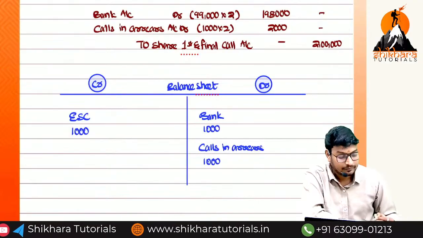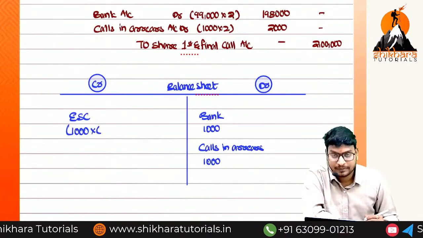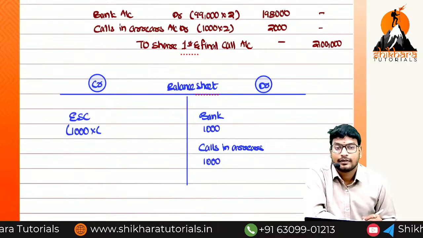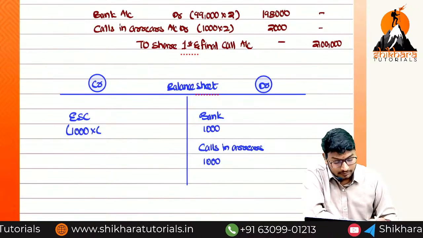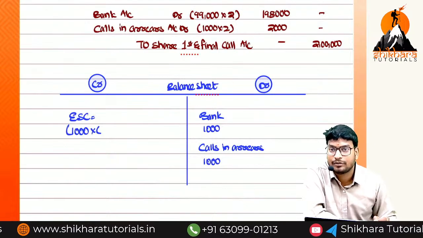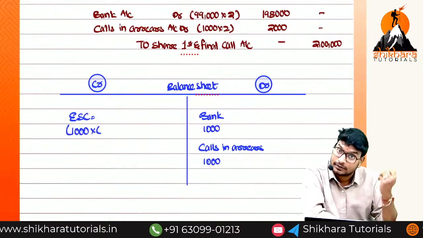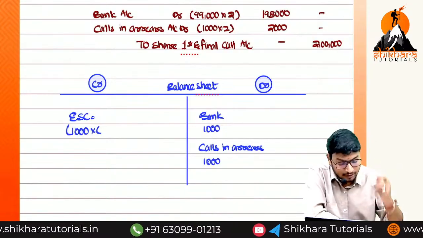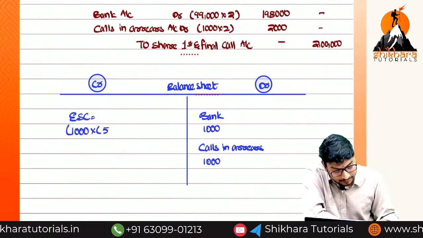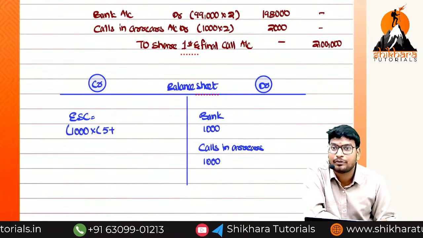1000 into open bracket. We have to credit it with equity share capital. First installment amount, we have credited or not? We have credited. How much is the first installment? 5, plus the second installment amount, nothing but the allotment amount also. We have credited.